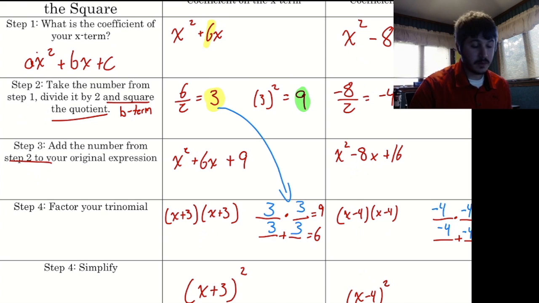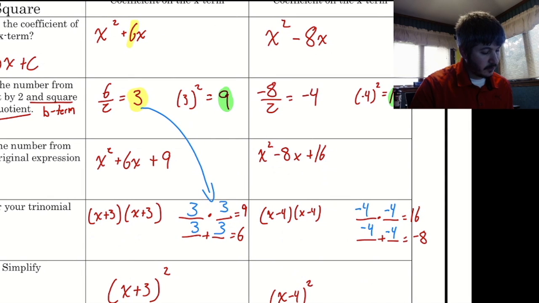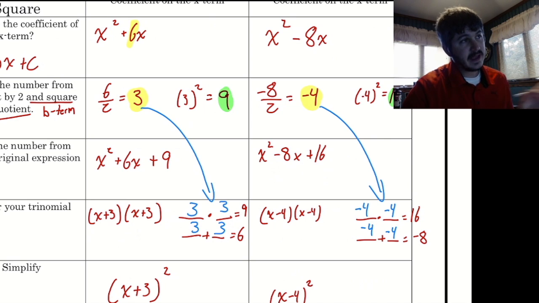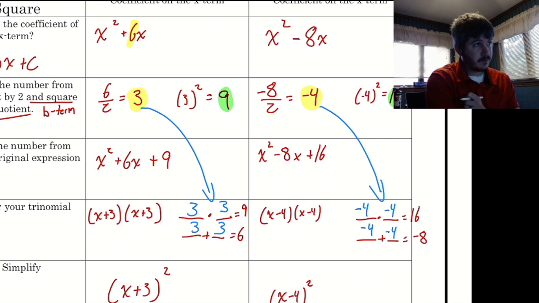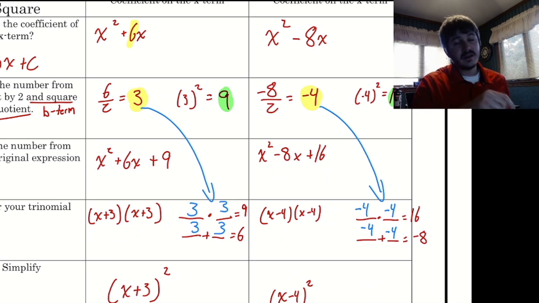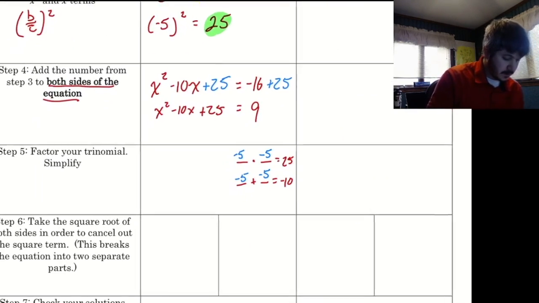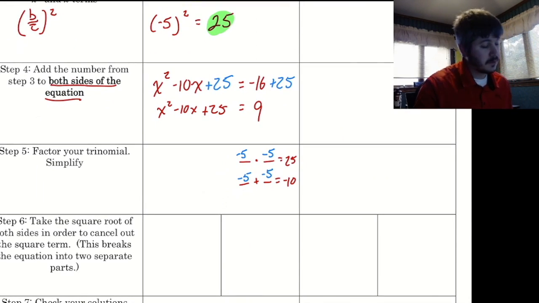Notice what the factors were. This is why I say you'll be able to do these really quick when you pick up on this pattern. You divided b by 2, you got negative 4. Those were the factors. This happens every single time. This is one of those little tricks, so you don't need to really figure out what number it is. You already know what it is. So that's why I like to highlight both those numbers, that 3 and the 9. The 9 is what I add to both sides. The 3 is what the factors are going to be. So no surprise why we're getting negative 5 for both of these factors.